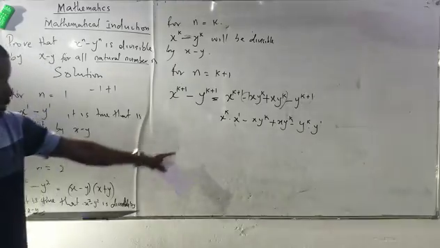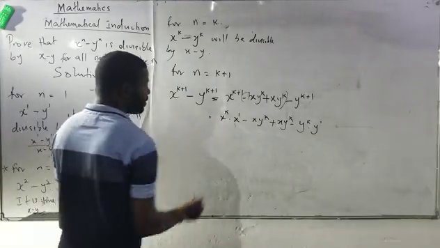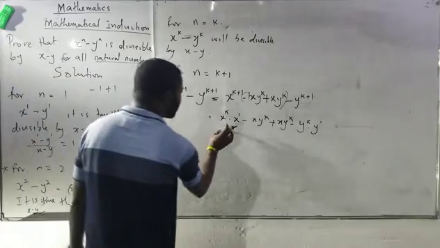At this junction, I've done something very good for myself. What can I do here?